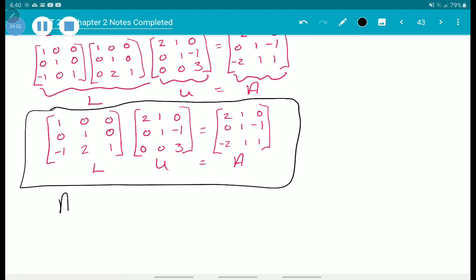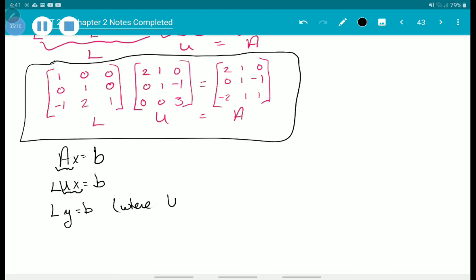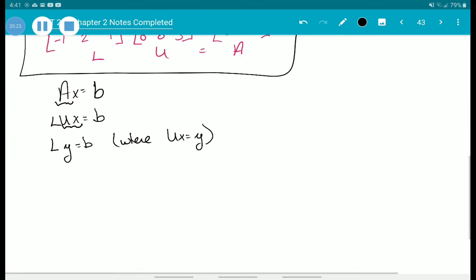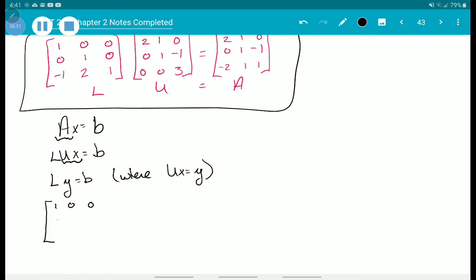So remember, we had AX is equal to B, right? But A is now replaced by L times U because that's equivalent to A. So what we're saying is we're going to let this be a dummy variable Y. So we have L, and our L is 1, 0, 0, 0, 1, 0, negative 1, 2, 1.